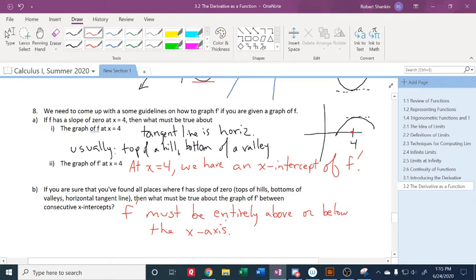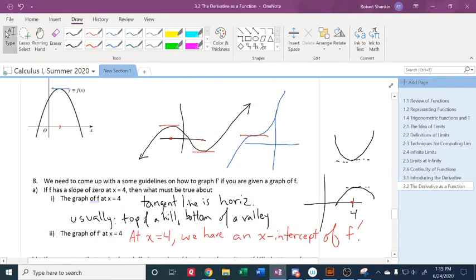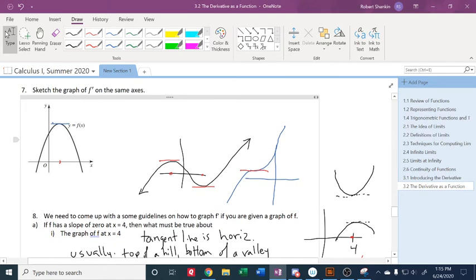Now, why does it have to be entirely above or entirely below the x-axis? Why couldn't f prime be partly above the x-axis between these consecutive x-intercepts? Because it would have to cross the x-axis if it was partly above and partly below. And if it crossed the x-axis, that's another place where you have a slope of 0 of your original function.